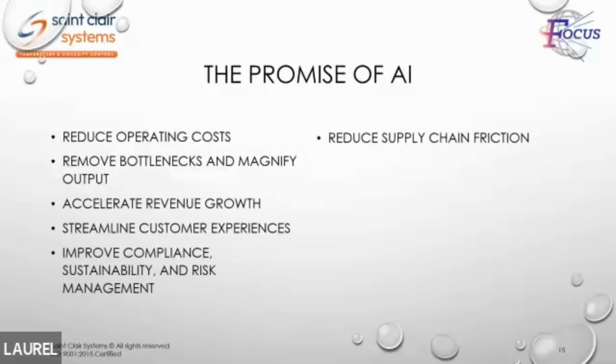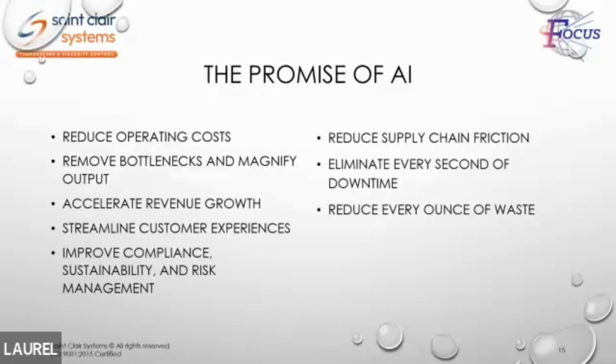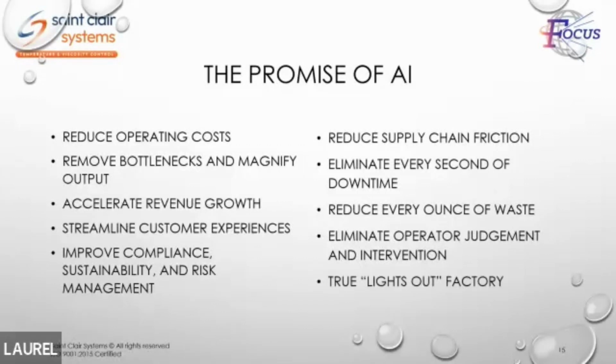We want to reduce our supply chain friction and eliminate every second of downtime and every ounce of waste. At the same time, we want to eliminate operator judgment and intervention with the goal of achieving a true lights out factory. That's a pretty powerful appeal, isn't it? That's why you would do it.